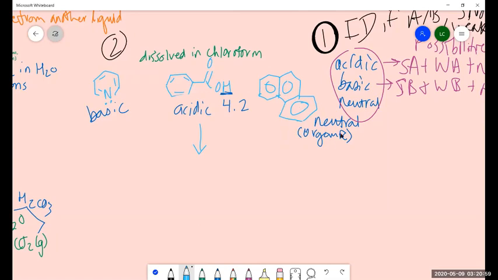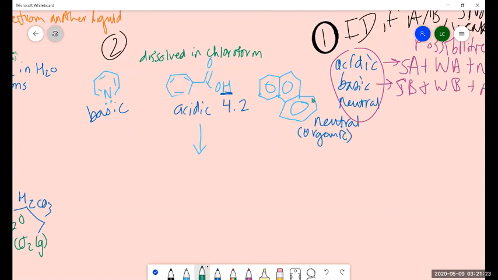It's never going to move to your water phase, while we are trying to move these to the water phase by making them into ionic salts. And then later, if it was an acid and you used the base to extract it, you use acid again to reprotonate it and bring it back to normal once it's separated.